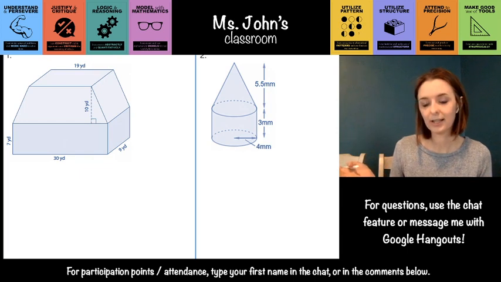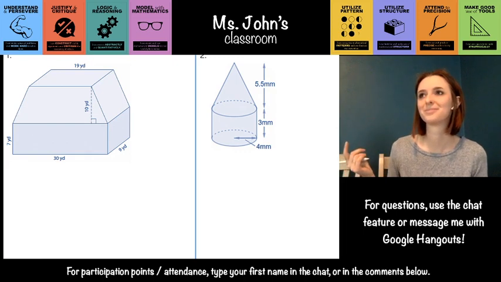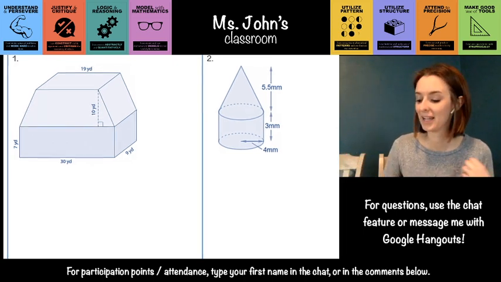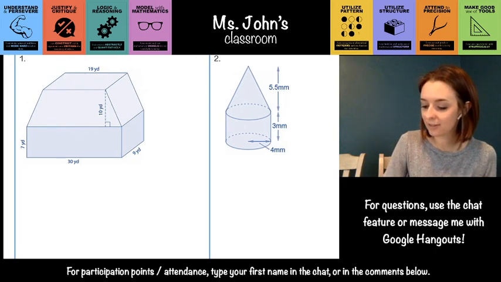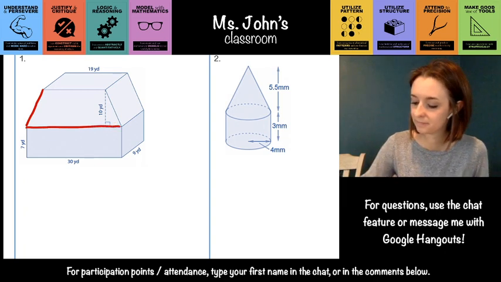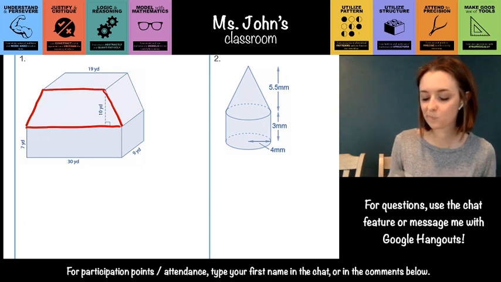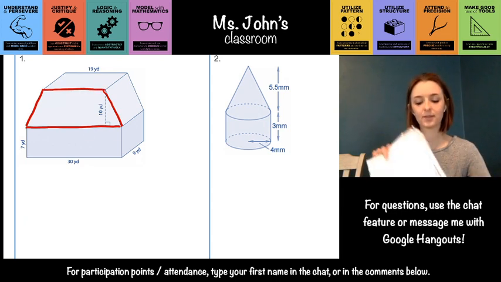So we could find the volume of a trapezoidal prism. I don't know if I made that word up. I'm going to find the area of this trapezoid as a part of this.